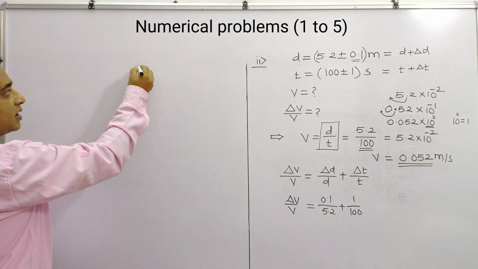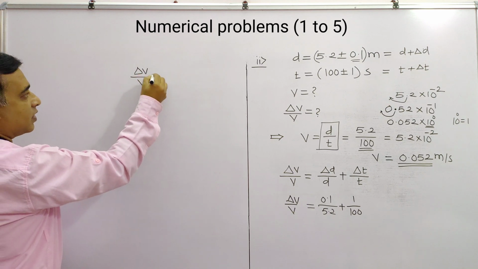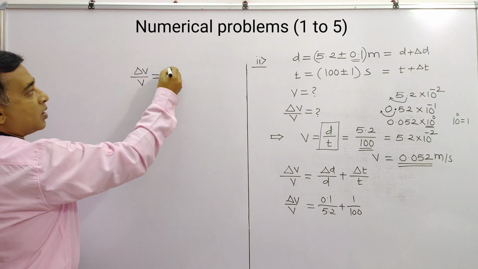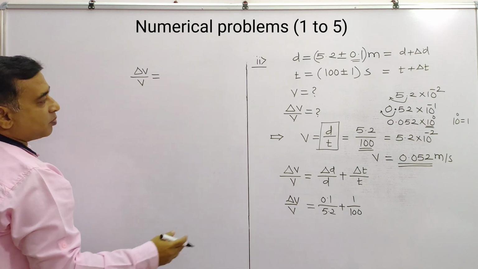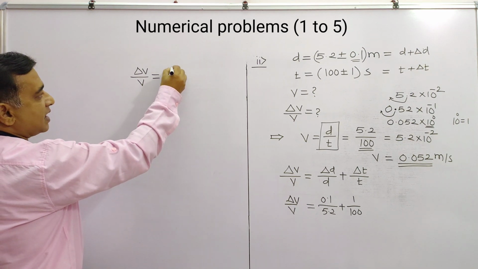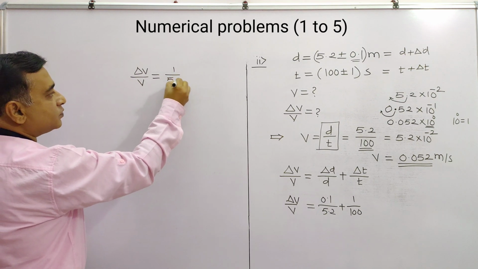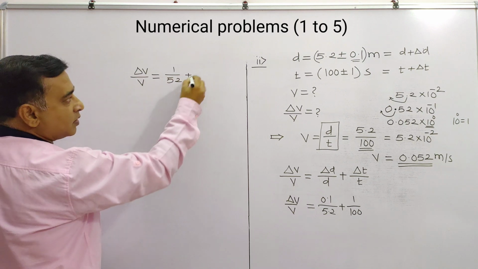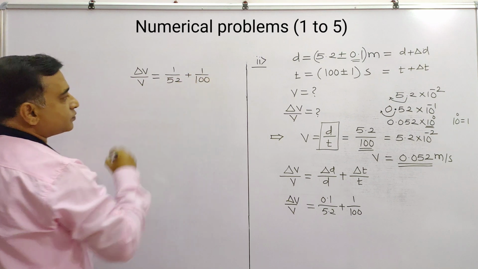Delta v upon v is equal to 0.1 upon 5.2. I am going to shift the point and write this as 1 divided by 52 plus 1 divided by 100.